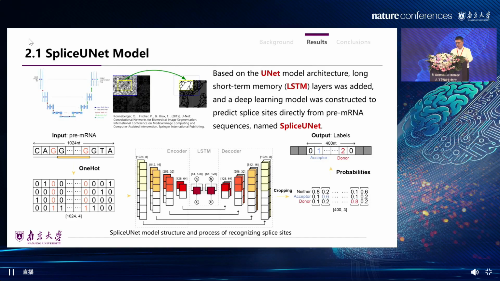To better simulate the biological scanning process, we integrate bidirectional LSTM layers. The model takes a 1024 nucleotide sequence as input and outputs a probability score for each base in the central region, classifying it as a splice donor, acceptor, or neither.